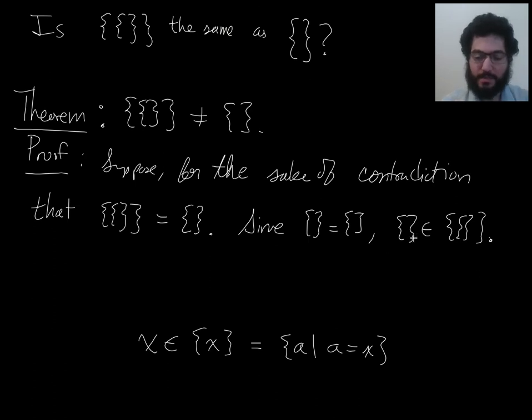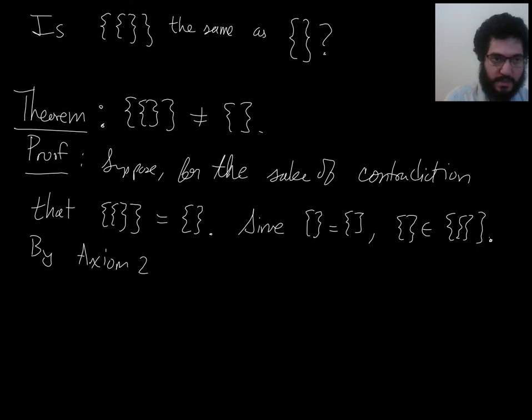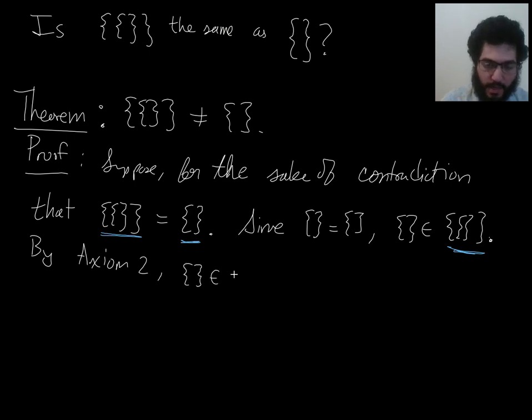Okay, then by axiom 2, since this thing equals this thing, and it shows up here in this proposition that I know is true now, I can replace this by something equal to it. So I now have this. And this is not a contradiction.